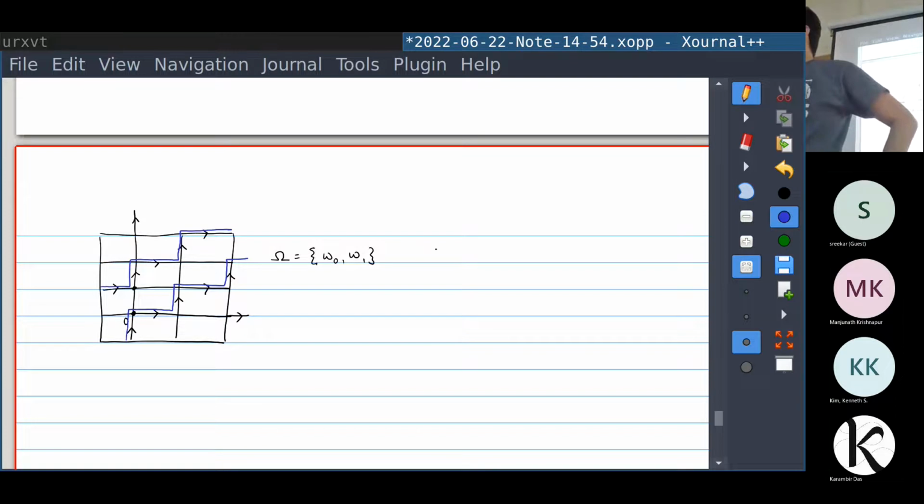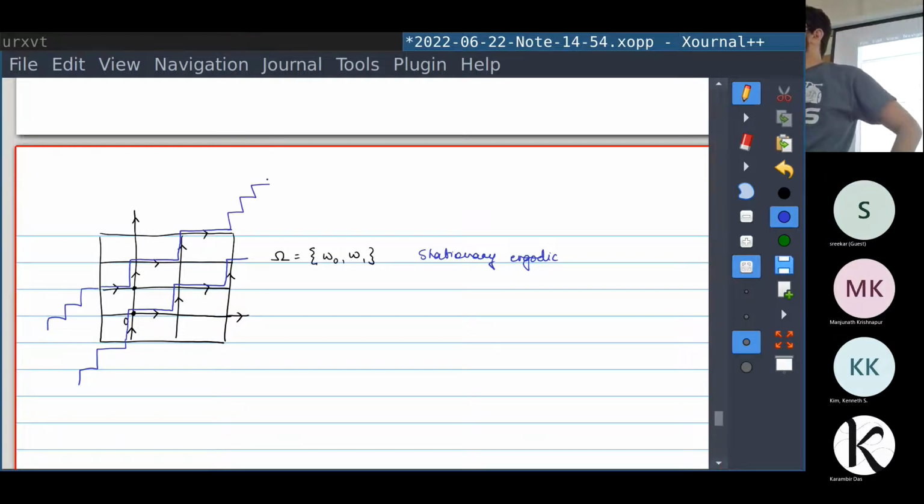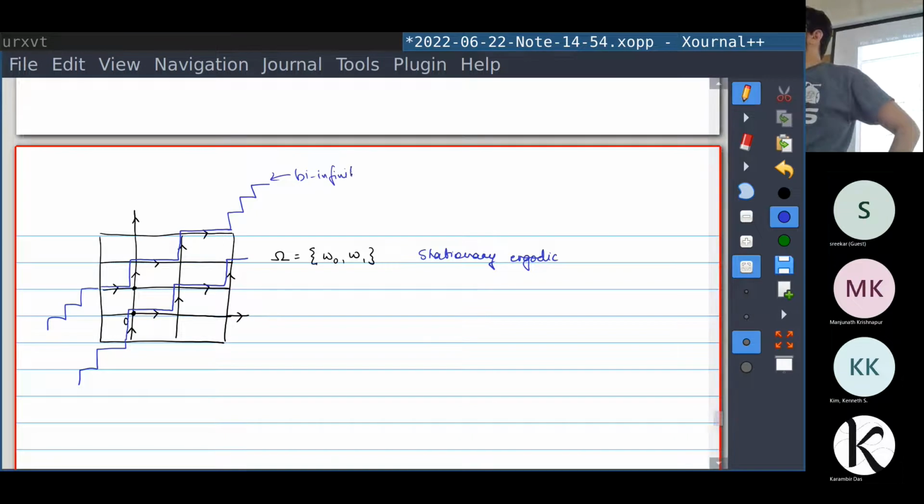So this system you can show is stationary and ergodic. And you can see these bi-infinite trajectories clearly forming.